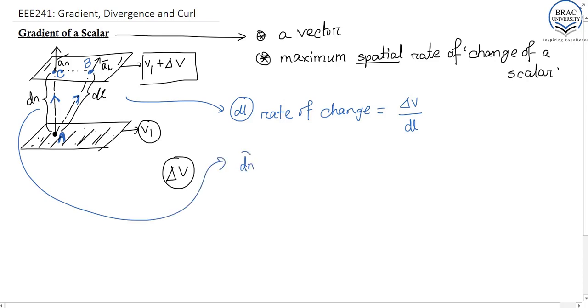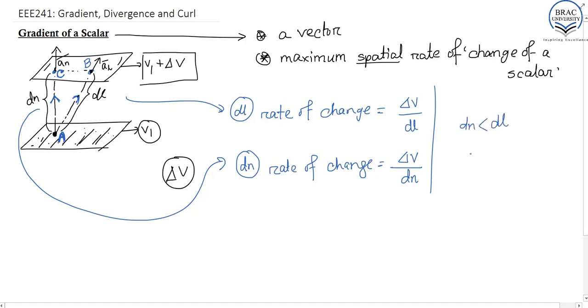So the rate of change will be del V divided by dn. Now, obviously, from this picture, it is clear that dn is smaller than dl, which in turn means del V divided by dn is greater than del V divided by dl, right?